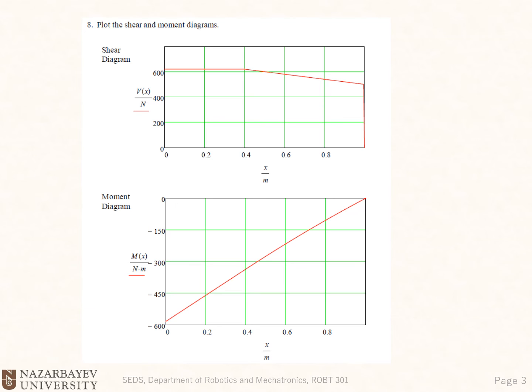And then we have this gradual drop in the shear. For the moment, the area under the curve increases, so we have this line here. You know that the integral of a constant is a linear function, so it will be a line. And then from that point, we'll have a parabola.